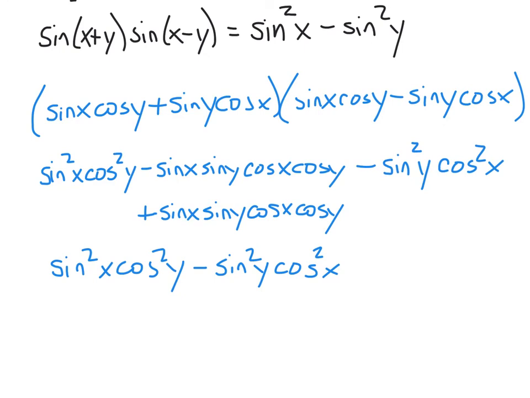So cosine squared y is really 1 minus sine squared y. And again, the reason I'm doing it this way is because I know that the answer I'm looking for is in terms of sine.